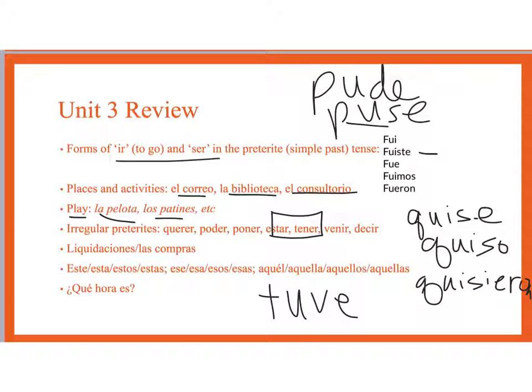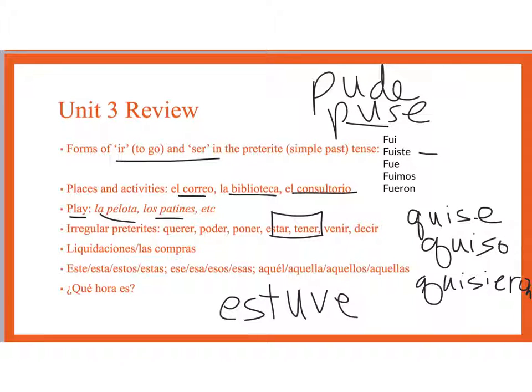Tuve, tuviste, tuvo, tuvimos, tuvieron. And the estar past, you just put an es at the beginning. Estuve, estuviste, estuvo, estuvieron, estuvimos. It's the same thing, just an es at the beginning, and it means was, the past tense of estar.